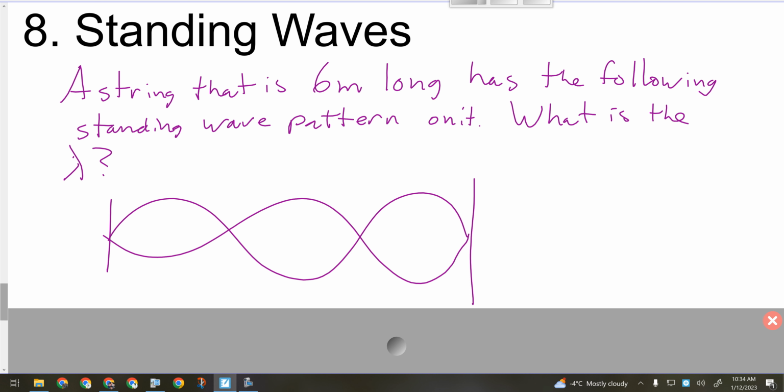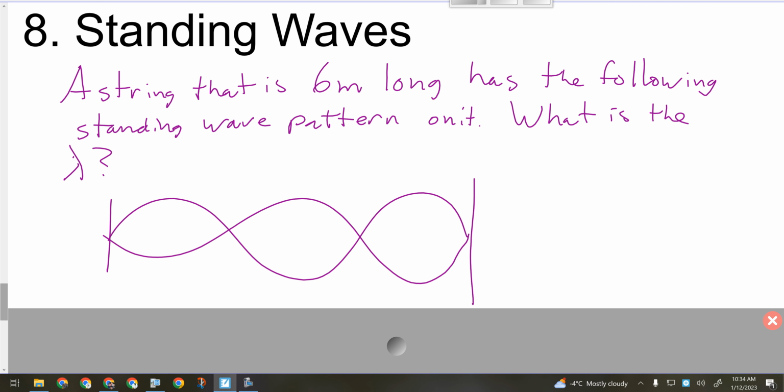So it's got that standing wave pattern on it. The string is 6 meters long. What's the wavelength? Four meters. Yeah. So here's how we would figure that out.